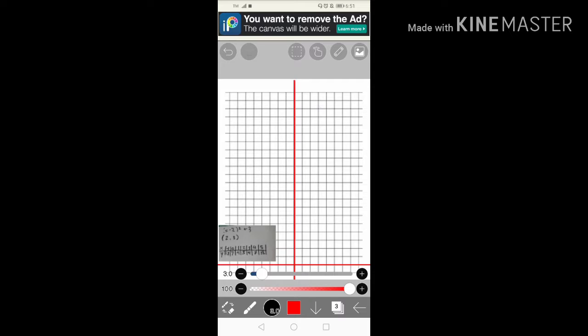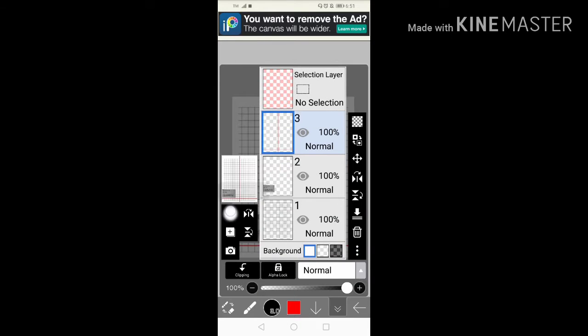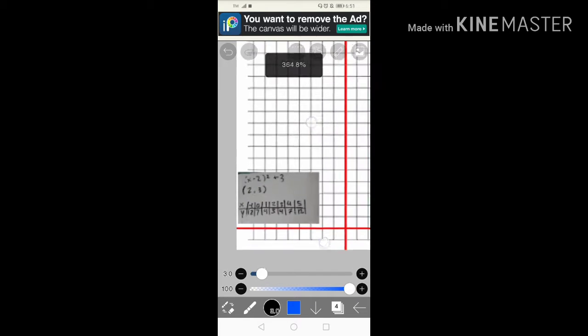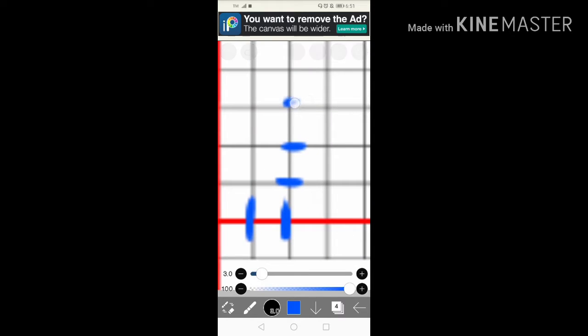Alright guys, now we're going to graph equation number 1. So I'm just going to get another layer, I'm going to color. So it's going to be +2 and then 3. So 1, 2, 1, 2, 3. So it's going to be right here.